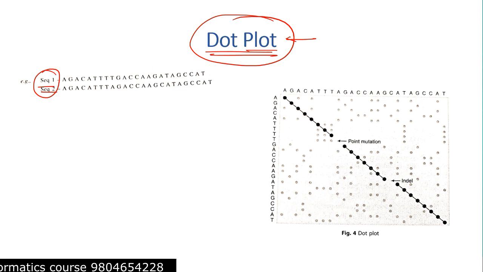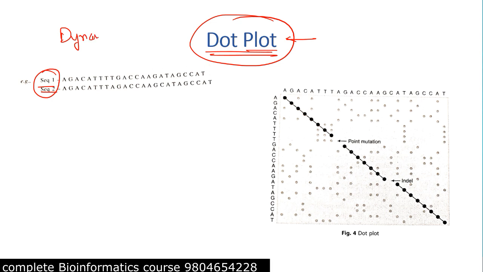So for complex alignments, where we have a lot of different options and different sequences, we modify the alignment a little bit, and we call it the dynamic programming method. So what is the dynamic programming method? Remember, dynamic programming method.